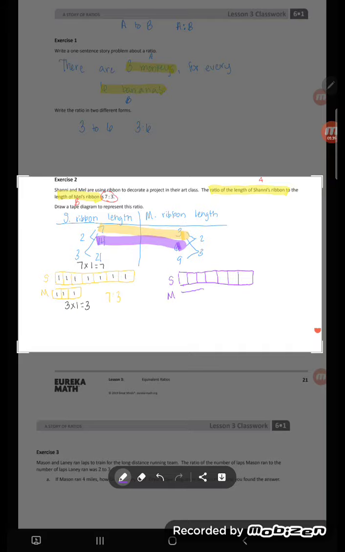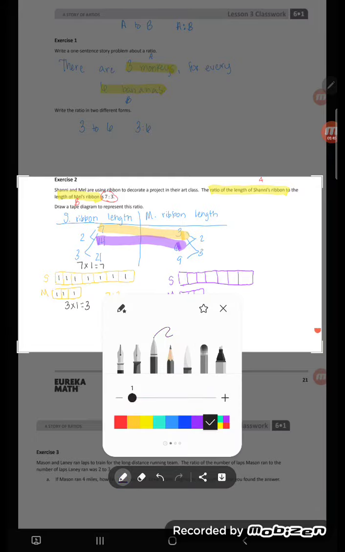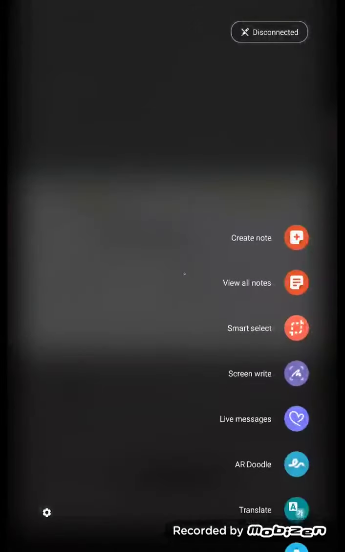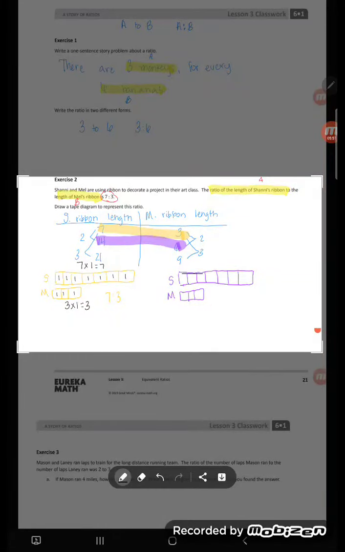And then Mel's around the same length for 3. 1, 2, 3. But I'm going to notice that these were doubled. So each length should be twice that of the first ratio. I'm going to put a 2 in each box to show that it's twice the first ratio. 2, 2, 2, 2. Same idea.